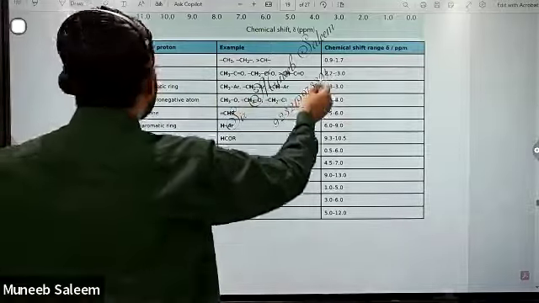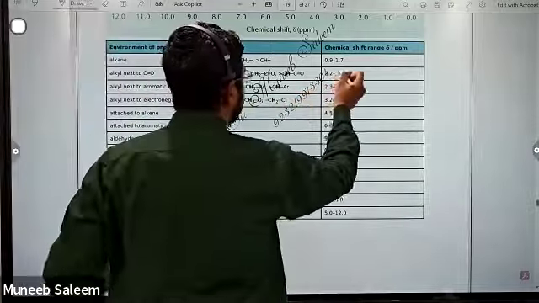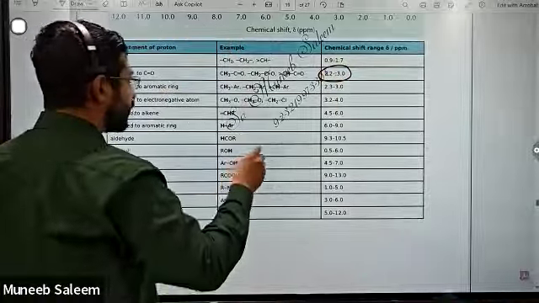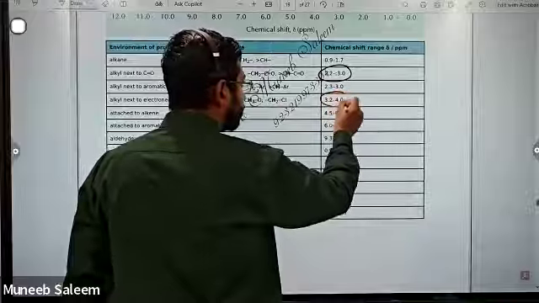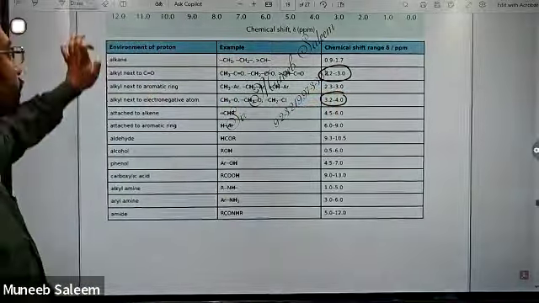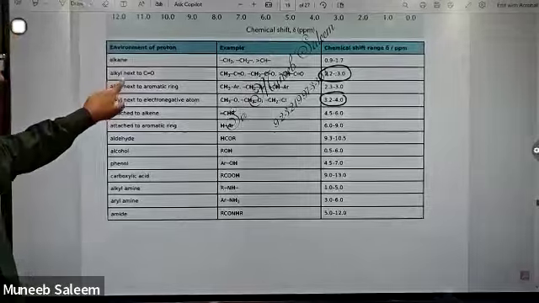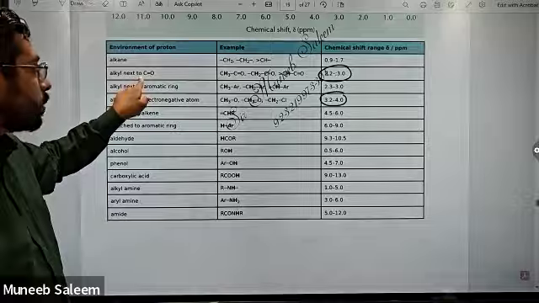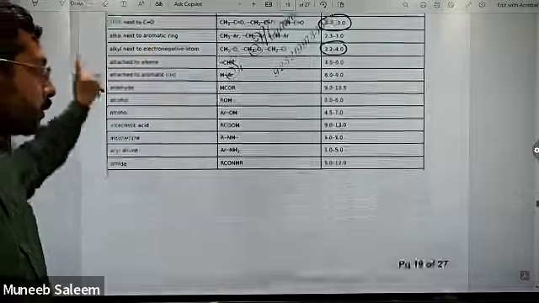It had 2.2 to 3.0. So 2.2 to 3.0 is that value, and next to electronegative is 4.0. So the higher value goes to the 4.0, because in the case of ester, the hydrogen was next to the carbonyl group. Up to 3.0.